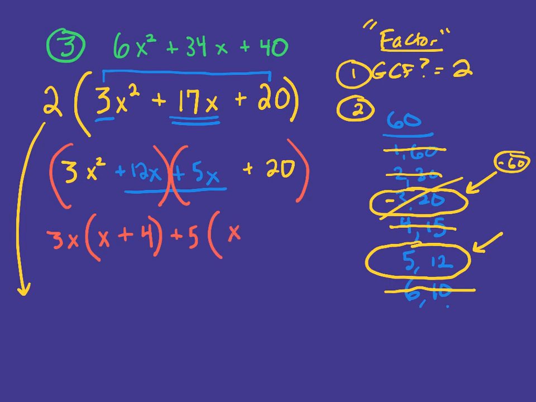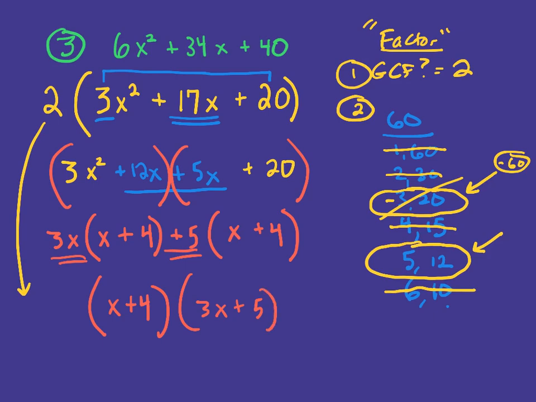And that leaves x plus 4. And then you've got that x plus 4 that's common. I'm going to multiply it with the 3x plus 5, and then be extra careful that you don't forget that 2 that we took out at the very beginning.